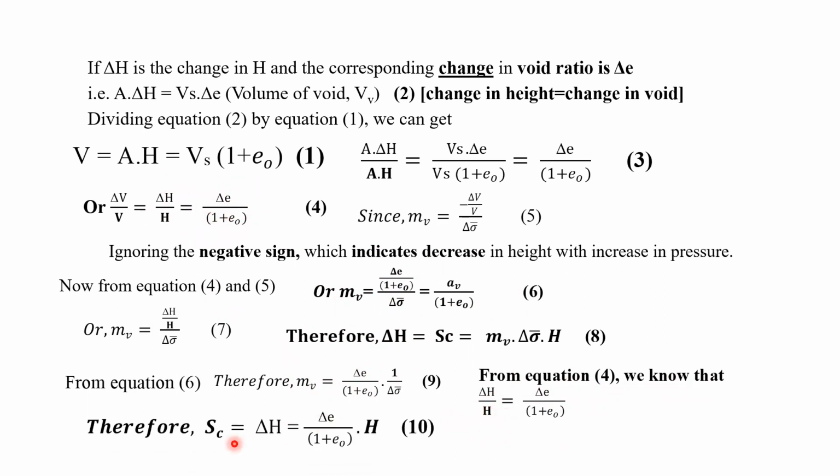So what we can write, delta H is equal to, again, delta e by 1 plus e0 into H. This H will be multiplied. So this is also the consolidation settlement. So what I'm trying to say here is that the consolidation settlement can be calculated by this formula or even by this formula also.